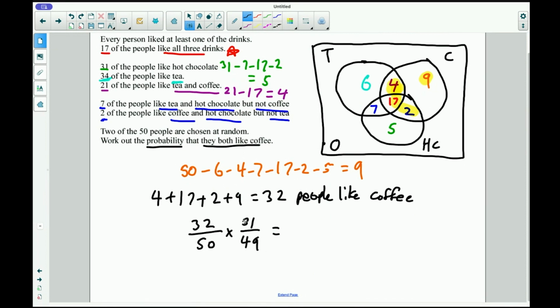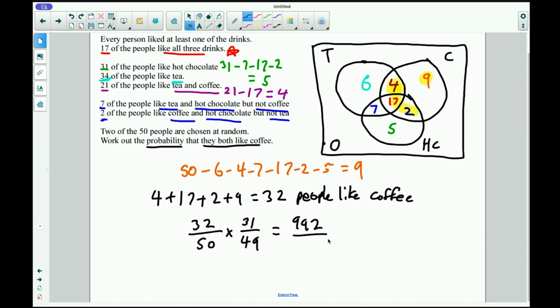It's going to be 31 because there's one less coffee person that we have. And because we've already taken one person out of the 50, we are left with 49 for that second stage. Okay. So 32 times 31 gives us 992 over 50 times 49.